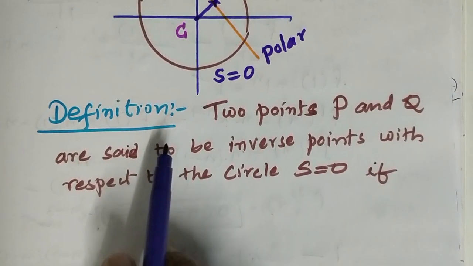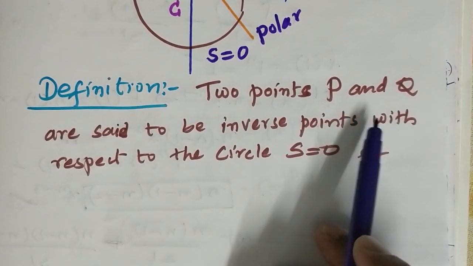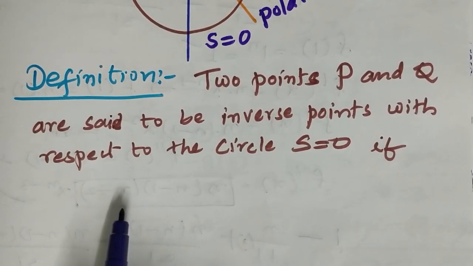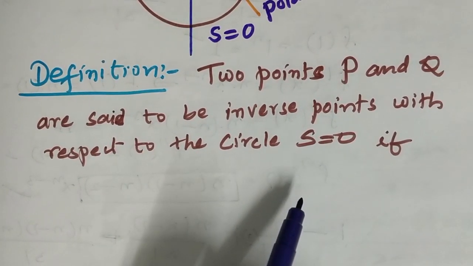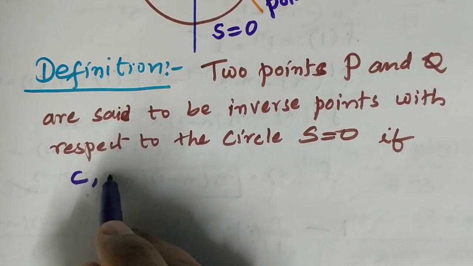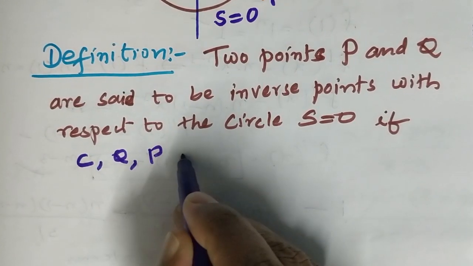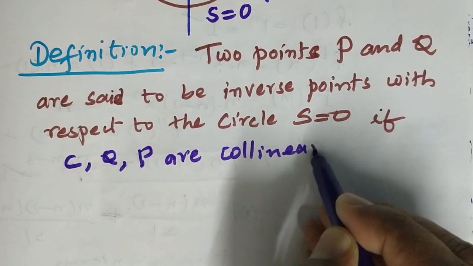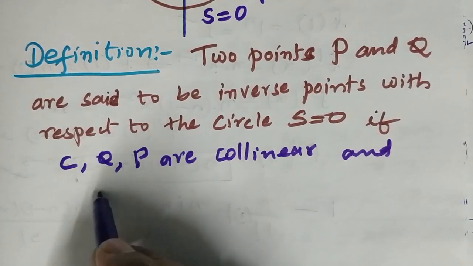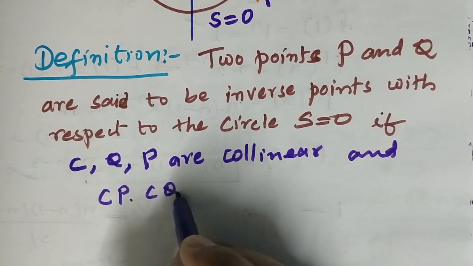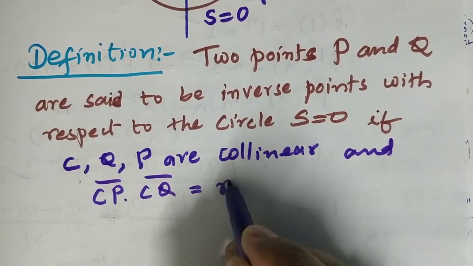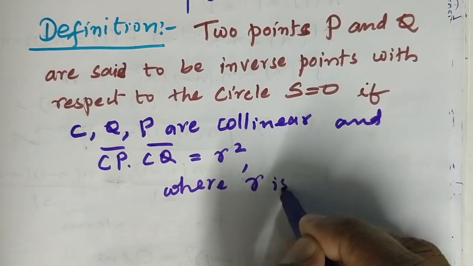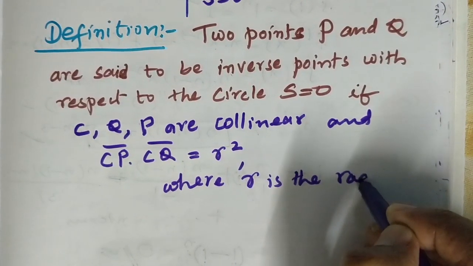2 points P and Q are said to be inverse points with respect to the circle S is equal to 0 if C, Q, P are collinear and CP into CQ is equal to R square, where R is the radius of the given circle.